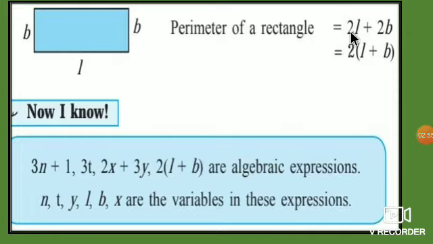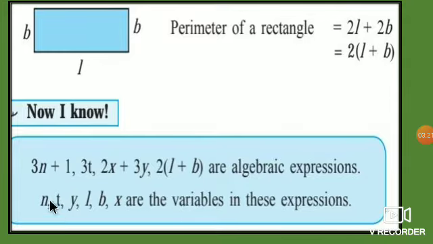See, this 2 is only the coefficient. This L is only the variable. But this 2L together is called a term. This is one term, plus 2B. Here also 2 is the coefficient, B is the variable and 2B is the term.